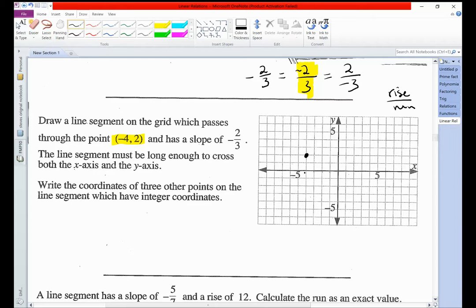So I will graph that. -2 means a rise of -2, which means it's down 1, 2, and a run of +3. So +1, 2, 3. And then we're going to put a point right there.